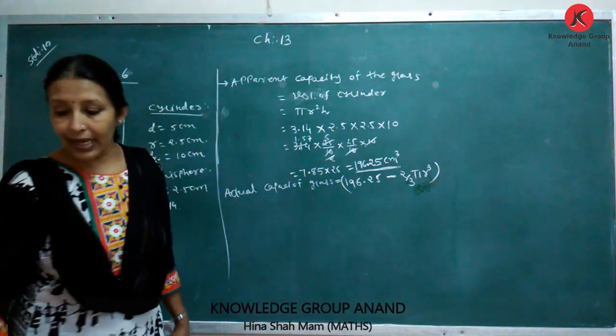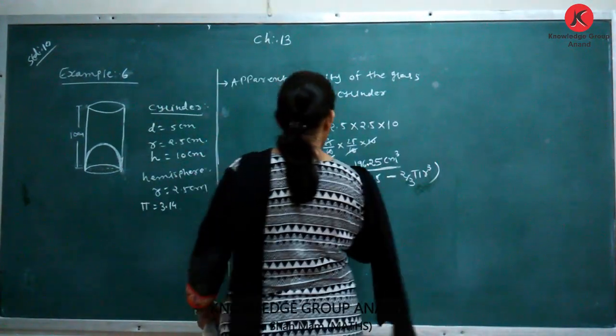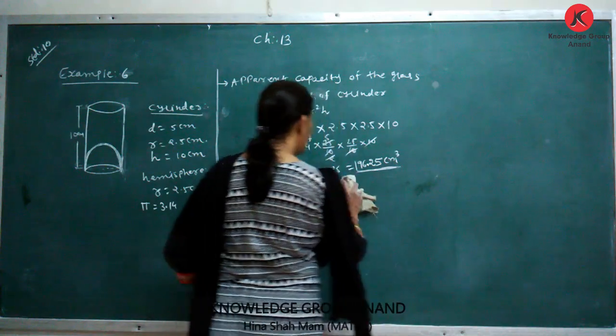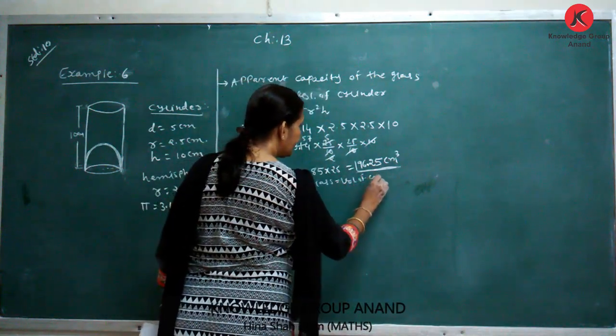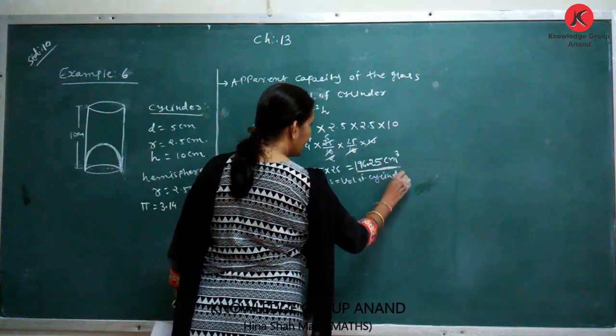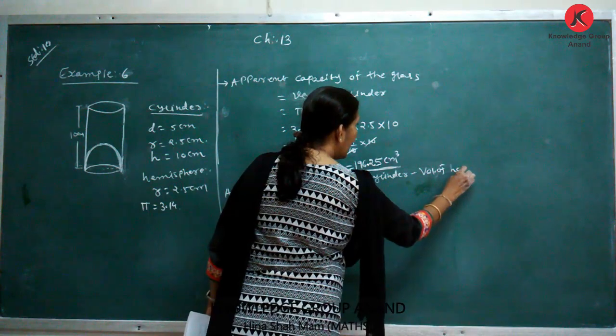You write like this and calculate this sum. Volume of actual capacity, then we write volume of cylinder minus volume of hemisphere.